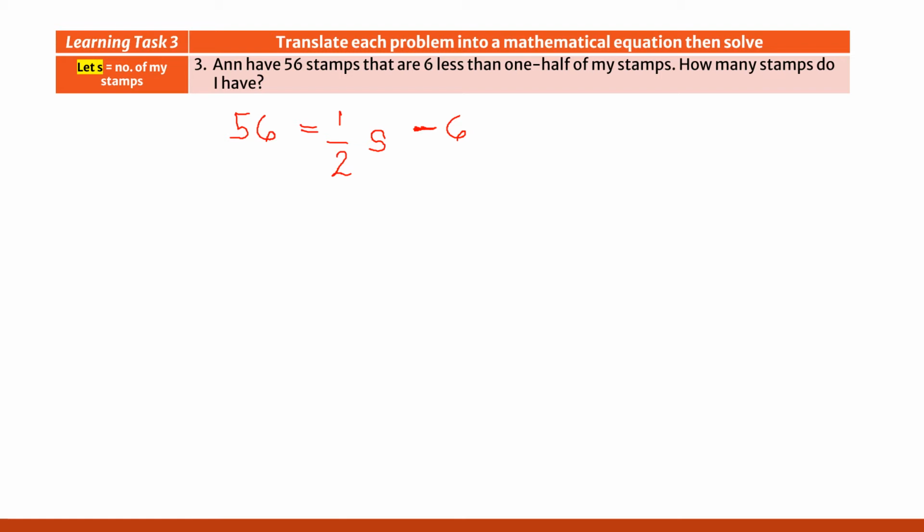Now, to solve the equation, if you notice dito sa right-hand side, merong constant term na negative 6. So, ibig sabihin, ano ang opposite ng negative 6? Ay di copy 1/2 S, tapos, minus 6. So, the opposite is positive 6. So, sa kabila, anong gagawin natin?